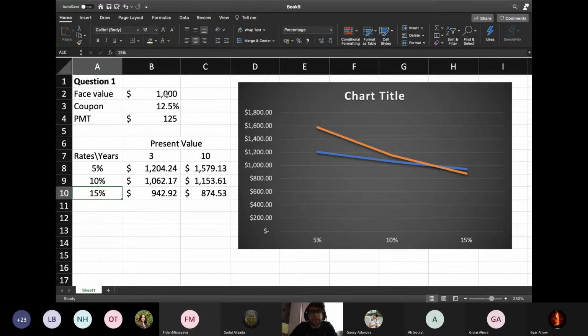But this one is a discount bond because this interest rate is higher than 12.5%, which is the coupon rate.